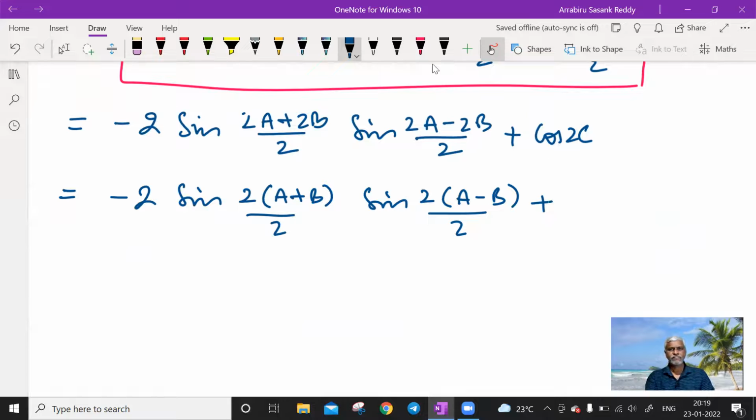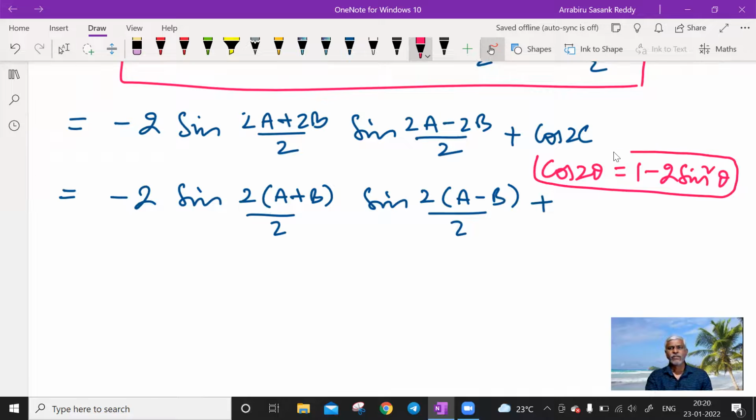You write cos 2 theta is equal to 1 minus 2 sin square theta. Cos 2 theta has three forms: cos square minus sin square, 2 cos square minus 1, and 1 minus 2 sin square. So here I am taking 1 minus 2 sin square.